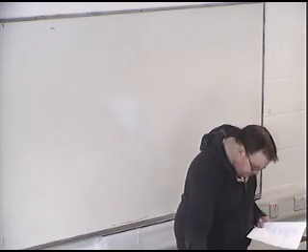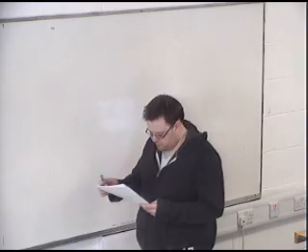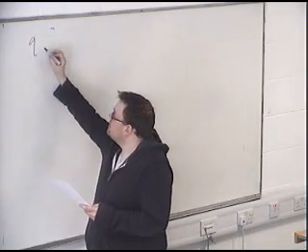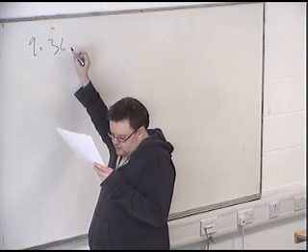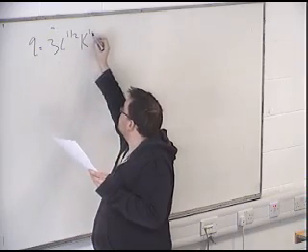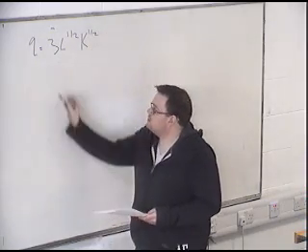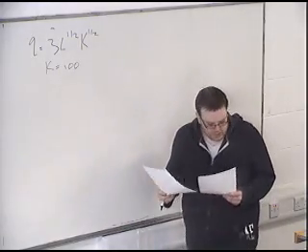So part B, it's a bit more involved because we have K entering into this now. So Q is equal to 3L to the power of a half, K to the power of a half. And we're told that K is equal to 100. Okay?